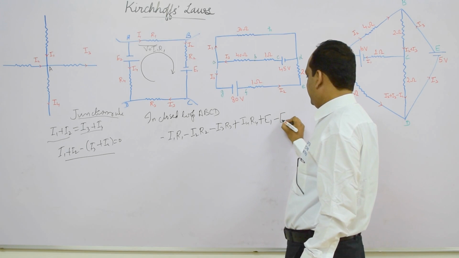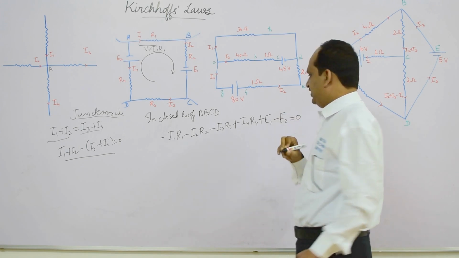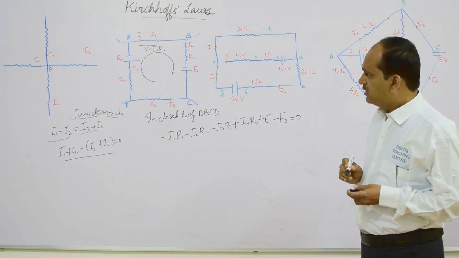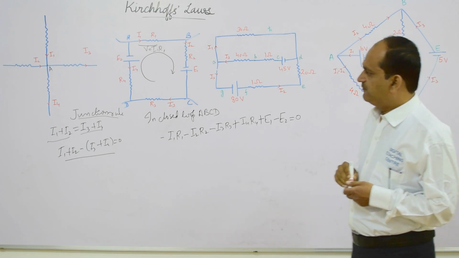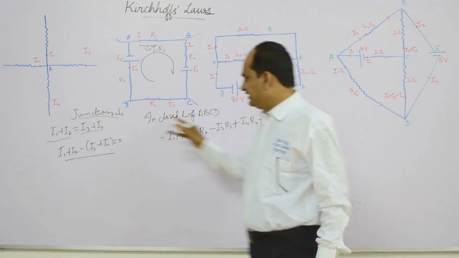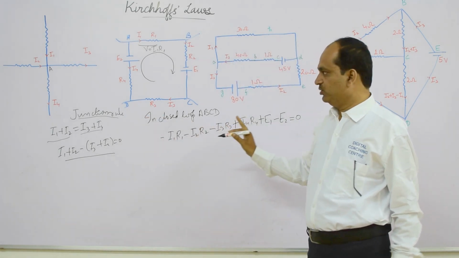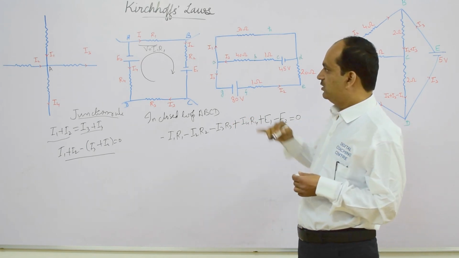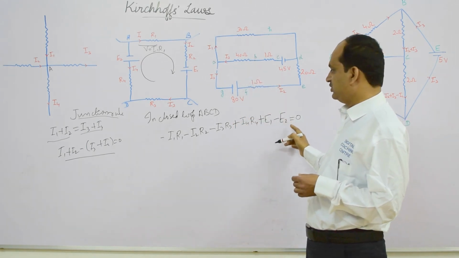So minus E2, and that should equal 0. The first law is the junction rule and this one is known as the loop rule: the sum of the potentials and EMFs in a closed loop is equal to 0.